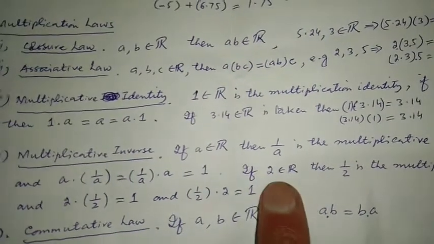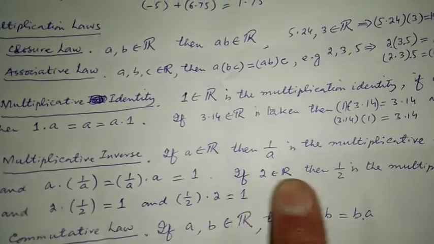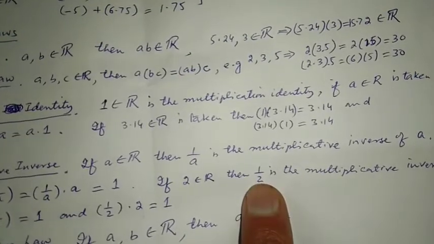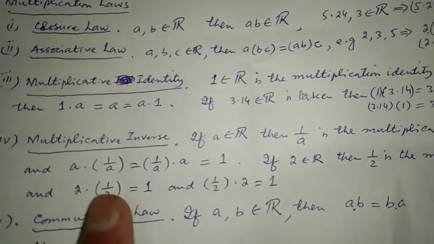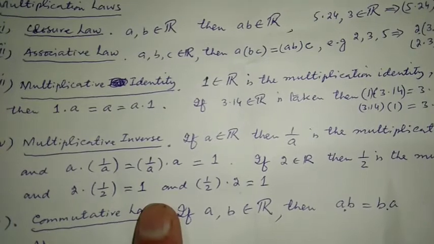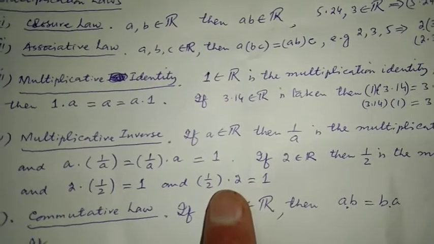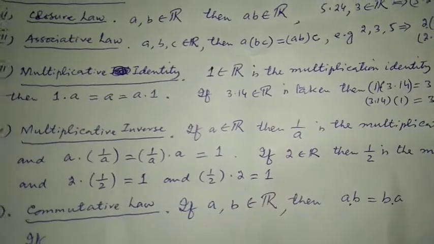So now we take, for example, 2, a real number, then its multiplicative inverse is 1 over 2, and the multiplication of 2 and its inverse 1 over 2 is 1. Similarly, if we change the arrangement of multiplication, the answer is 1.